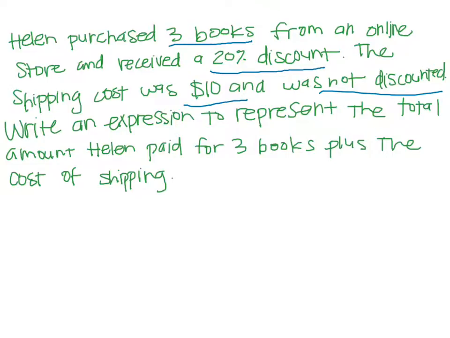So before I write my expression, I'm going to pick out the key information and write it out below. So I have 3 books, and I have a 20% discount. And I have shipping.